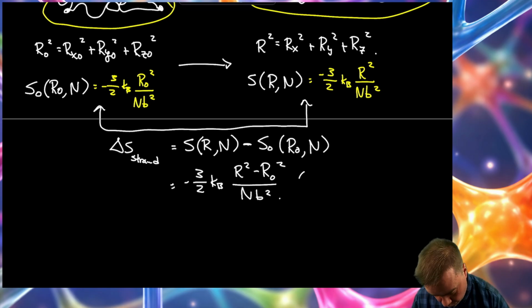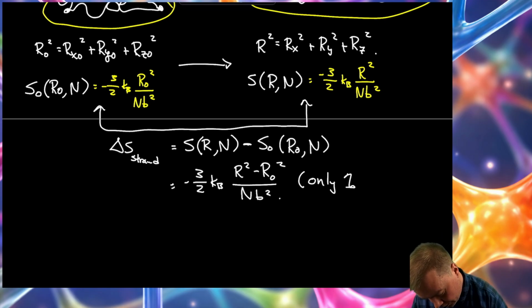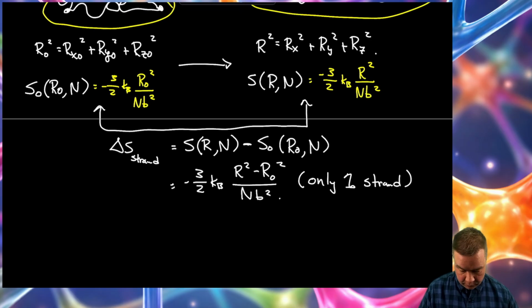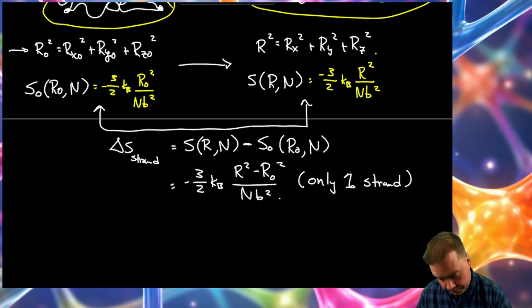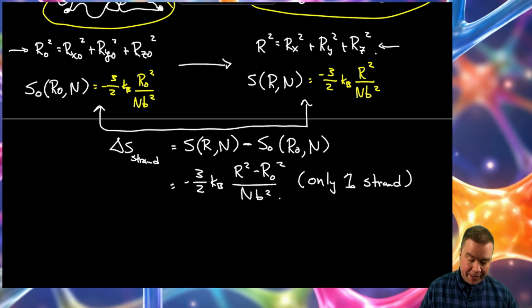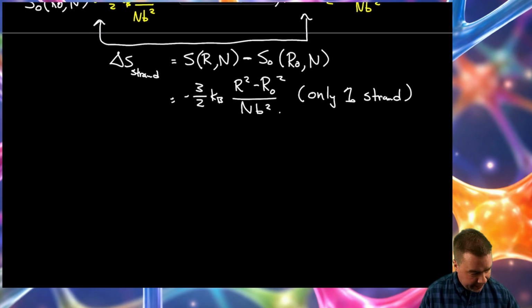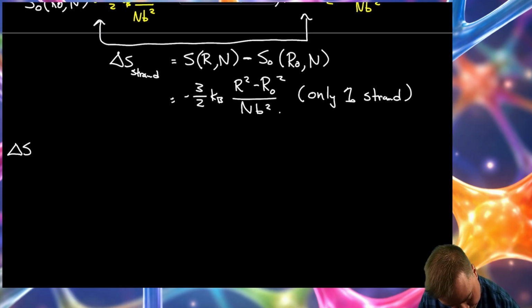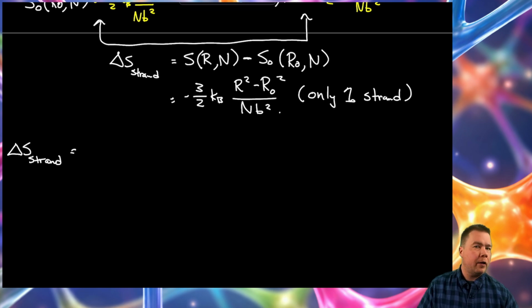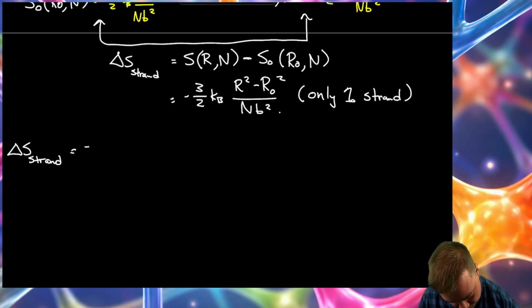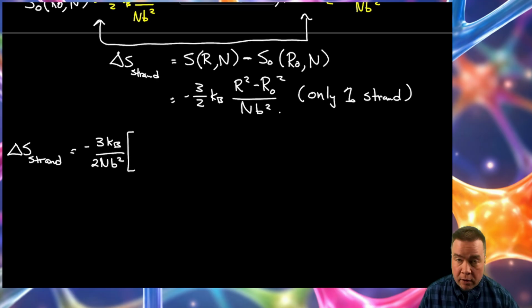Okay, again, this is for only one strand. So the first thing to do is let's just see what this is going to come out to be. We're going to expand R squared and R0 squared, just like we did up here. And again, we're going to maintain that affine deformation assumption, and let's see what we get. So delta S for the strand is going to be, let's pull out everything we don't need, so we've got minus 3 kb over 2 NB squared multiplied by R squared.